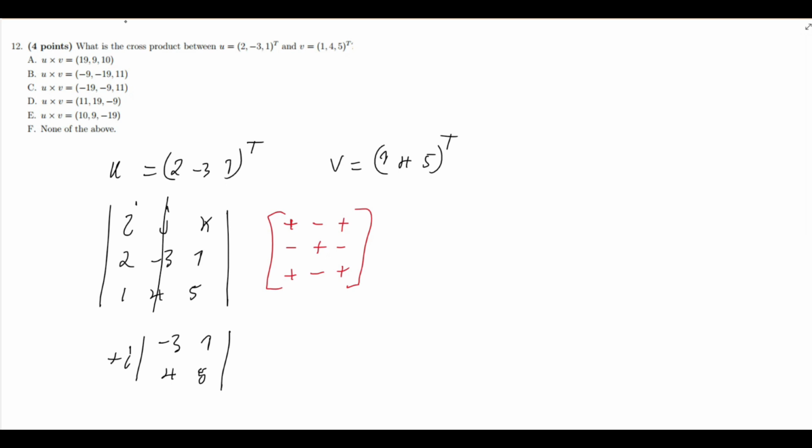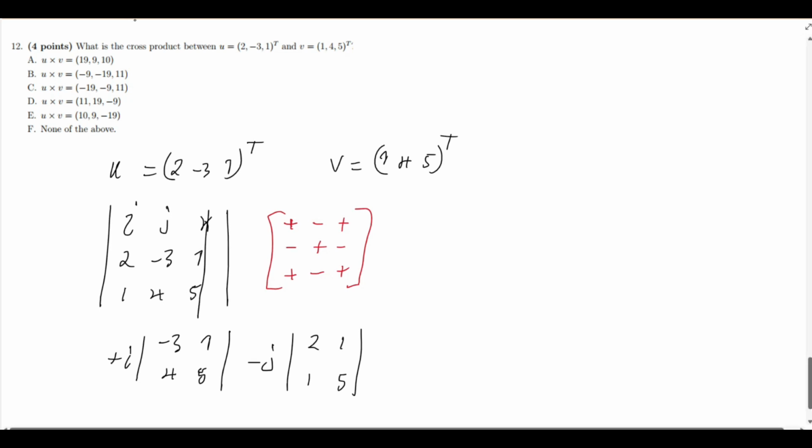Remember, j is negative, so it's negative j, and the determinant of the sub-matrix is 2, 1, 1, 5. We move on to the next one, k, which is positive, plus k, and we have 2, negative 3, 1, 4. So that's it.